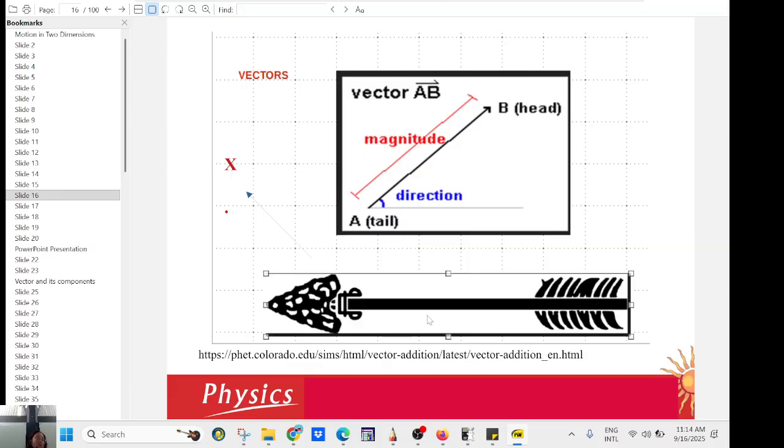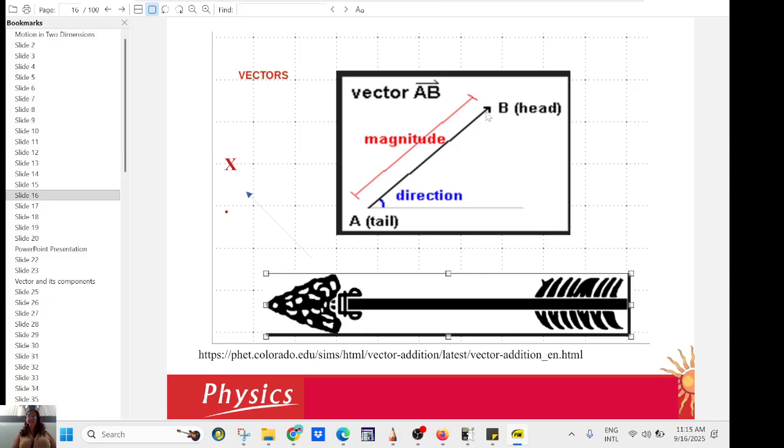Okay, let's buckle up. I'm going to go back to vectors. We already talked about vectors. In 1D, it's easy. It's right, left, up or down, positive or negative. But now we're going to do it in 2D, which means you will need trig. So we're going to divide a vector into its components.